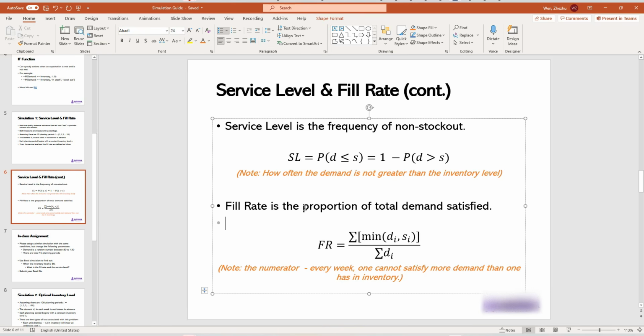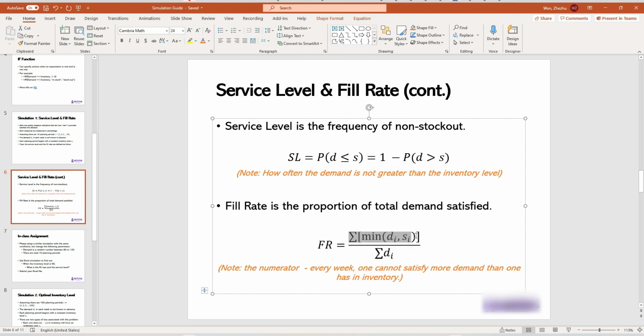In all 10 planning periods, what fraction of total demand has actually been fulfilled? As you can see, your denominator here is the total demand that has arrived. So we need to know the total demand.